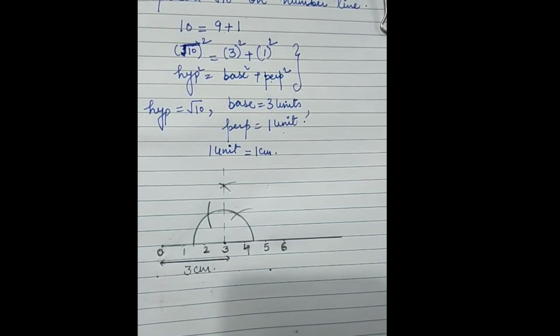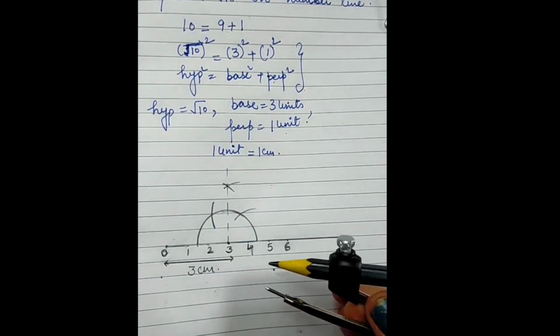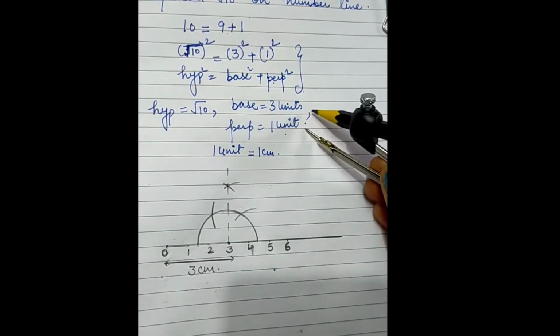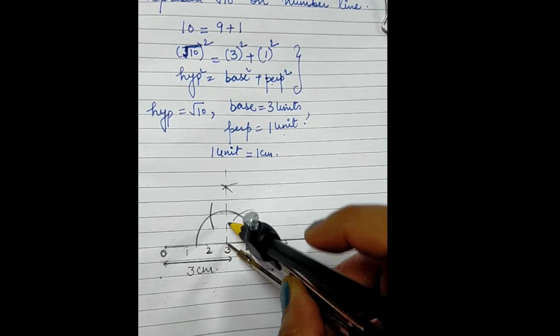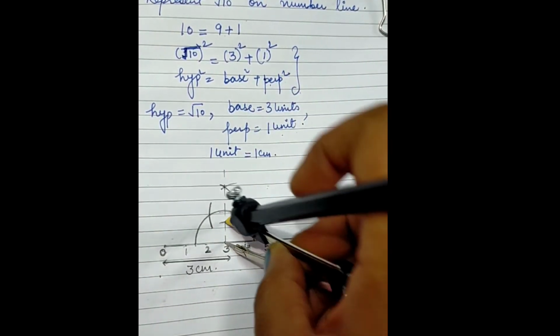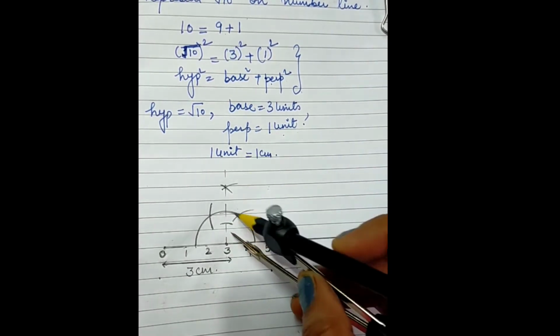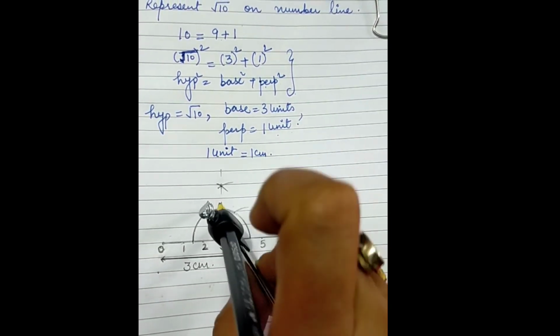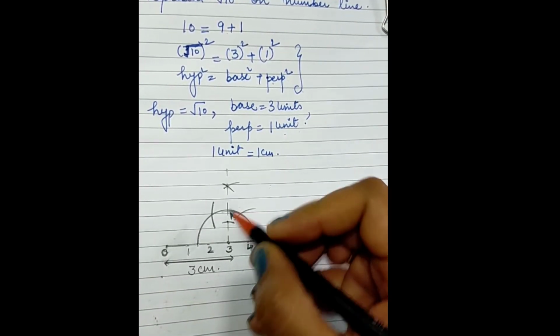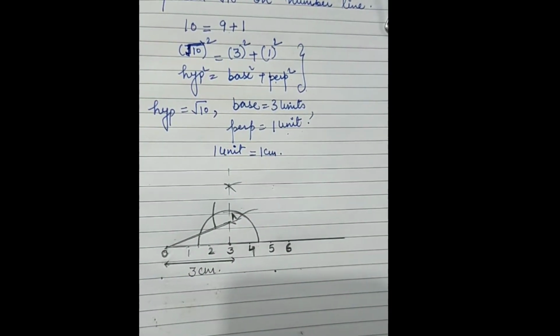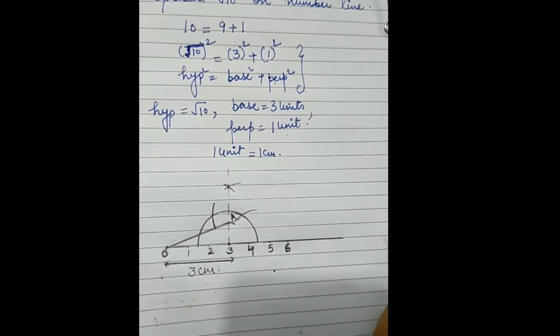So we got a perpendicular on 3. Base is 3 centimeter and perpendicular is 1 centimeter. So we have to open our compass 1 centimeter. We will mark a cut on perpendicular. So we got this point here. Let it be point A. Now we have to join O and A. So we got OA as hypotenuse.